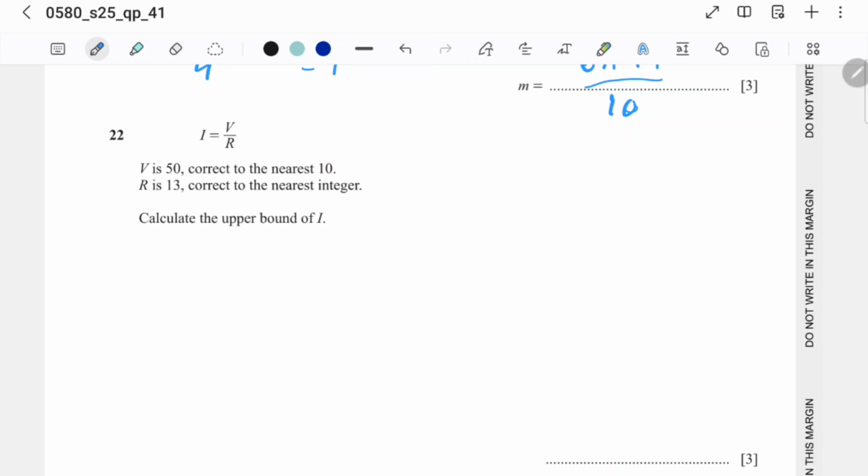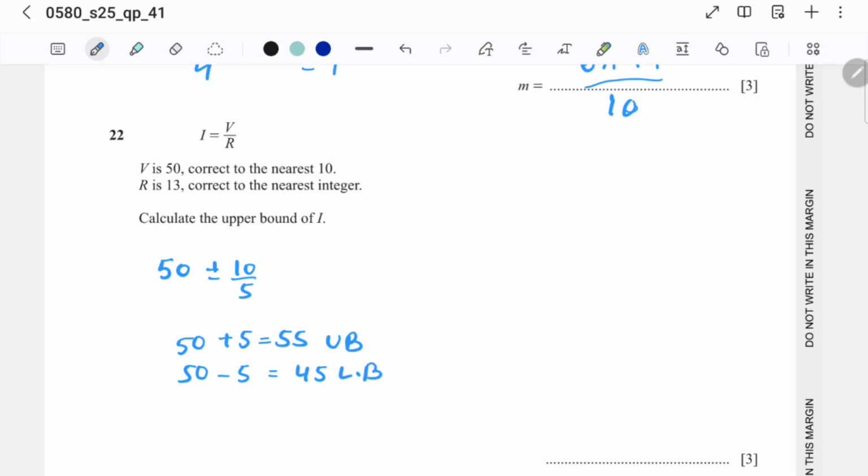Calculate the upper bound of I. If we take 50 to the nearest 10, we add and subtract 10 upon 2, which is 5. So 50 plus 5 gives the upper bound, and if I subtract 5, I get the lower bound, 45.